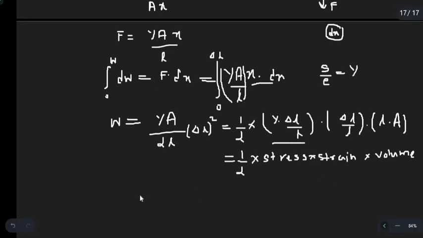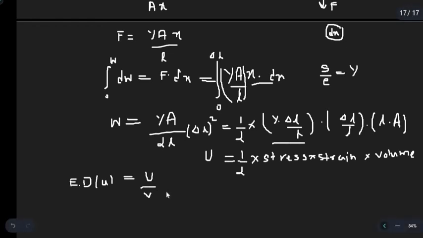Now sometimes we are very interested to find out about a particular thing called ED. What is ED? ED is nothing but energy density, which we represent by small u. We will represent this by capital U. Small u is nothing but your capital U upon V. Energy density is nothing but your energy stored per unit volume.